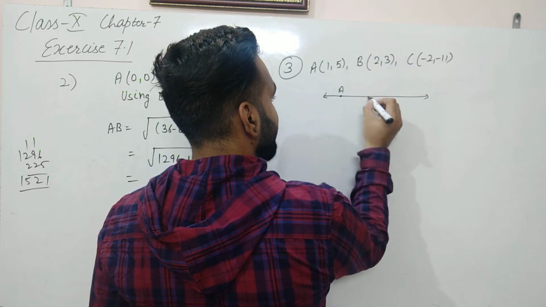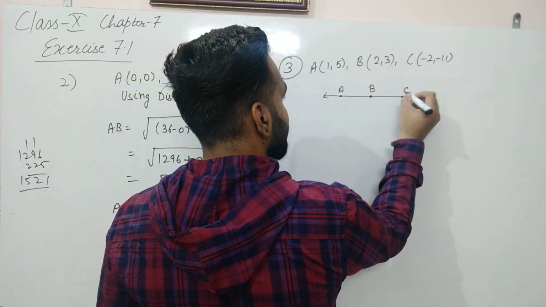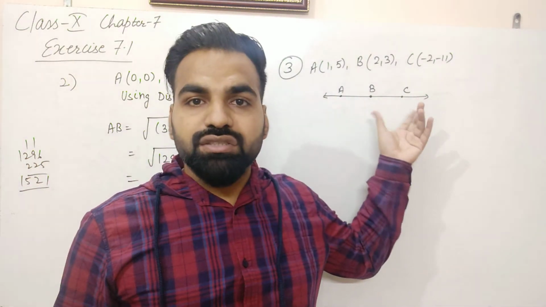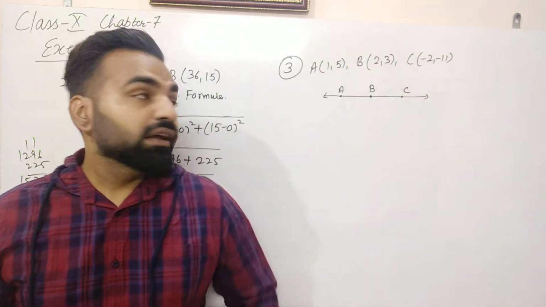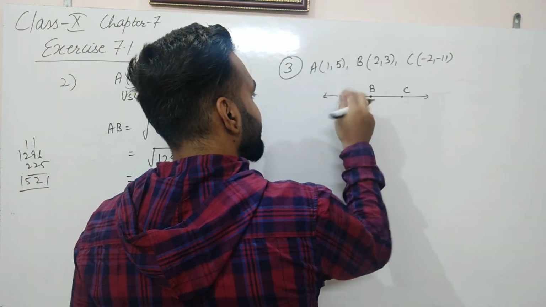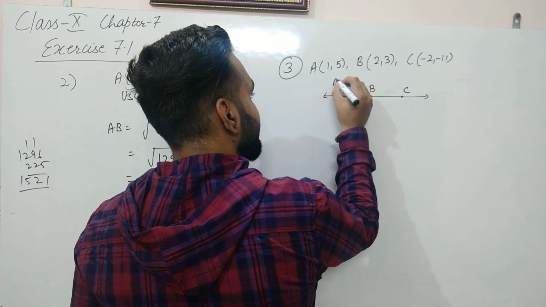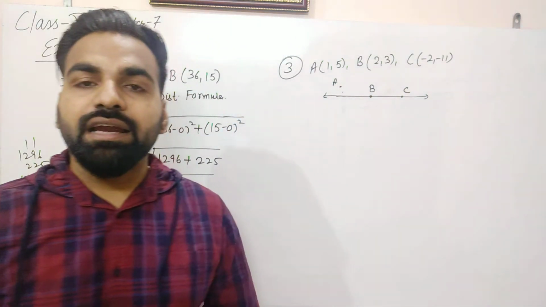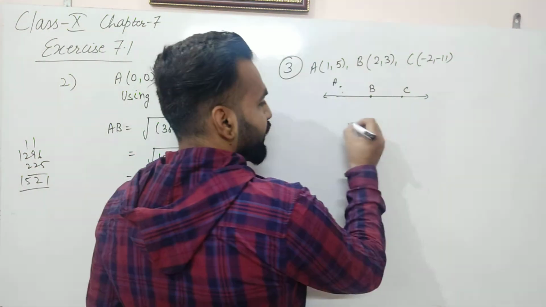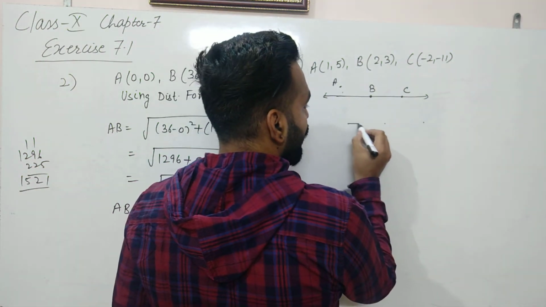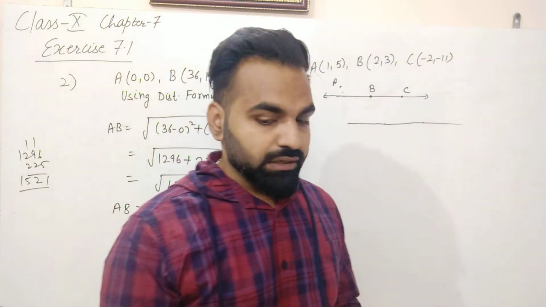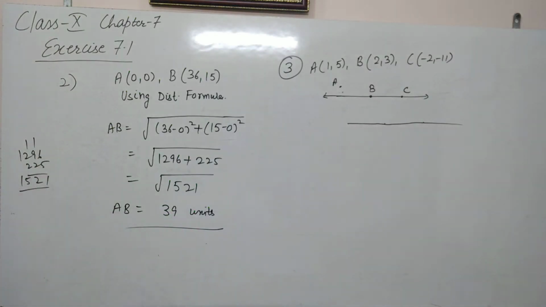For example, this is A, this is B, this is C. So if points lie on the same line, then we say that points are collinear. And if any of these points is not on the line, for example, this A is not here on the line, A is here, then we will say that these points are not collinear. So collinear means if we put 3 points, then we can draw a line passing through all these 3 points. Clear everyone? So this is the meaning of collinear.